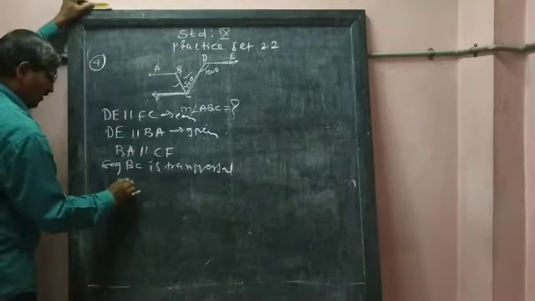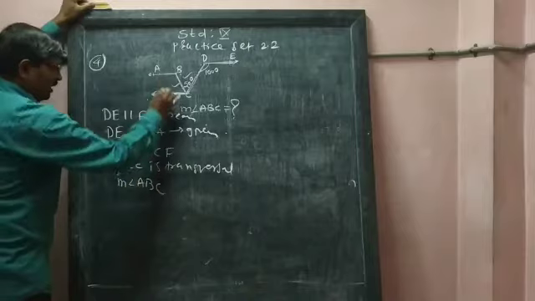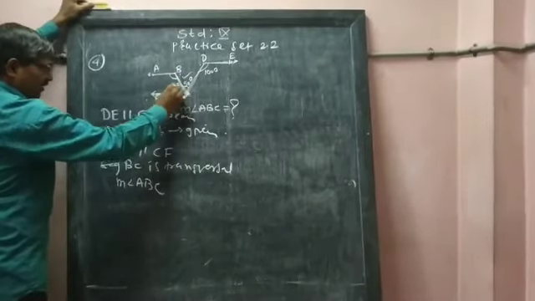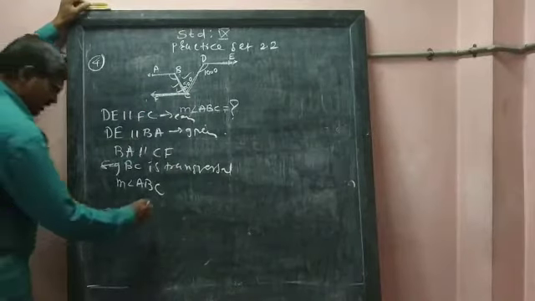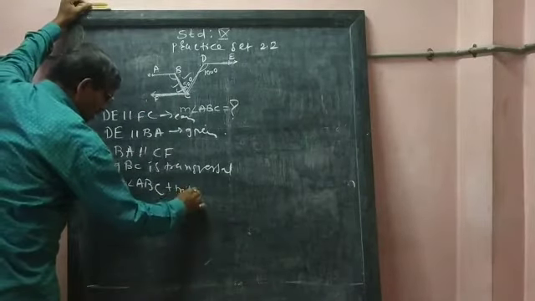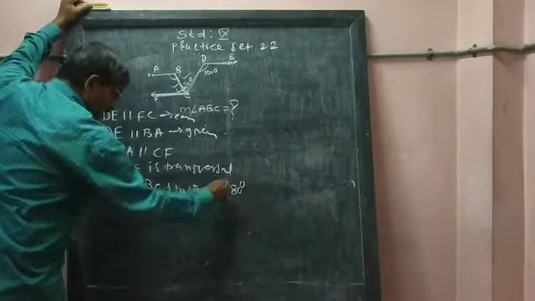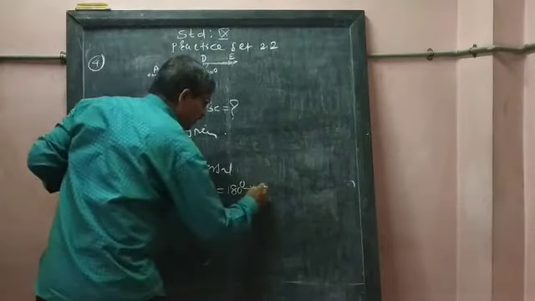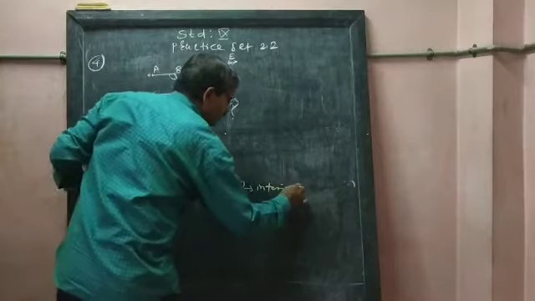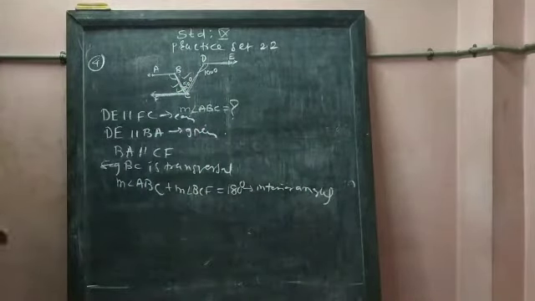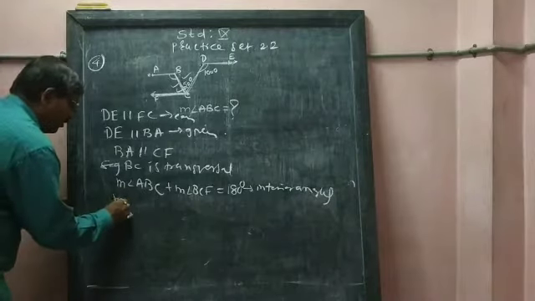Therefore, measure of angle ABC and measure of angle BCF, which angles are these? These are interior angles. So the sum of interior angles is 180 degrees. Then measure of angle ABC we don't know.